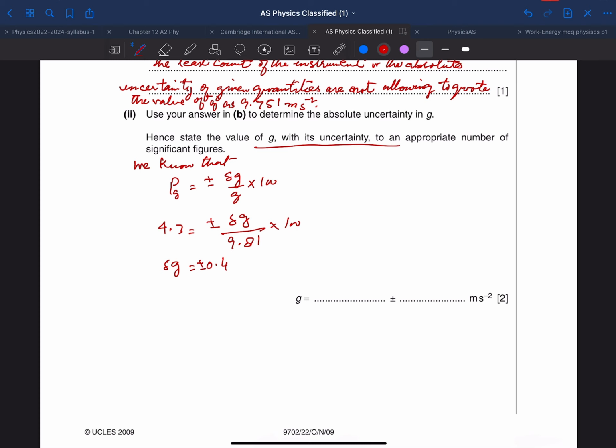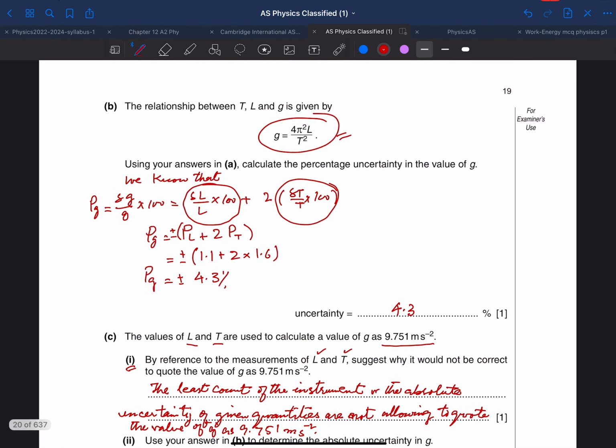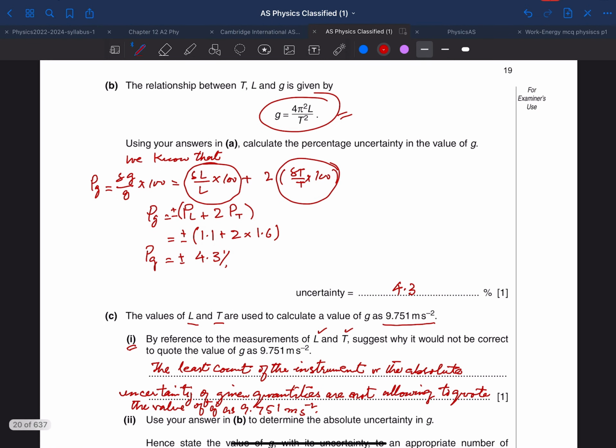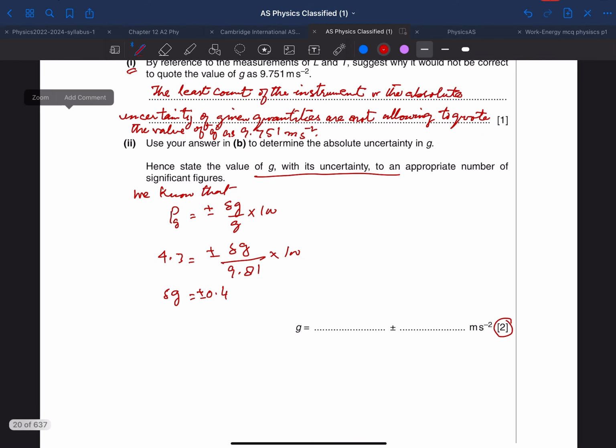And of course, as I said, actually here we have only 2 marks, so we need not calculate the value, but we can use directly the value of G here, and you know that value of G is 9.81. So simply you can do this way, that the value is 9.81 or 9.8, and over here plus minus 0.4 meter per second square. So this is what you can do, and you have to calculate the result.